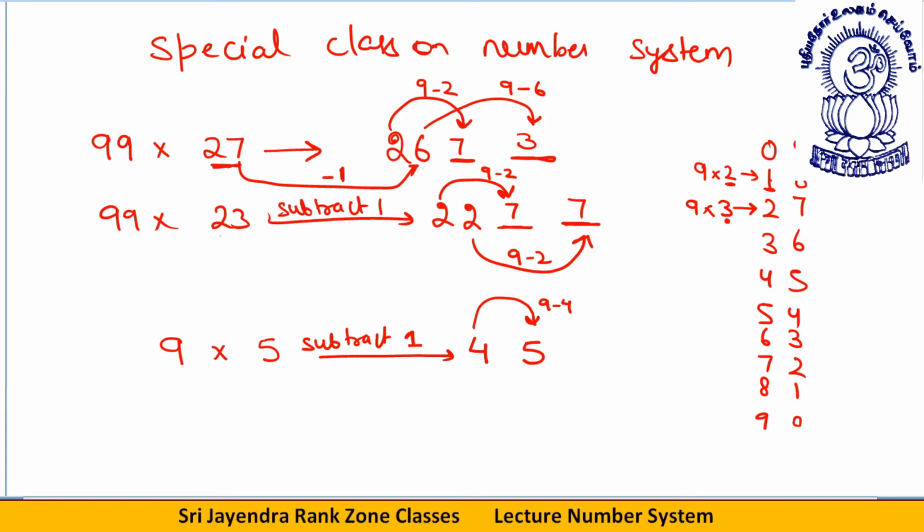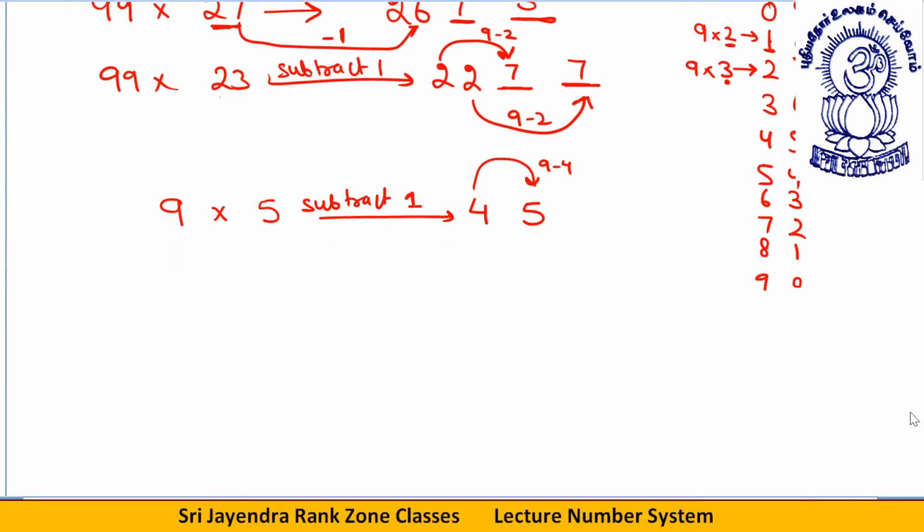Exactly the same way, dear students, you can say 999 into 123. Okay, what will happen is, three digits I will write as 122.